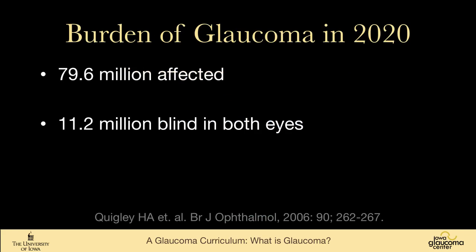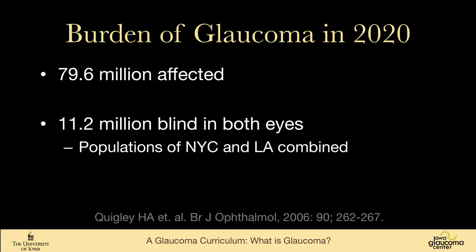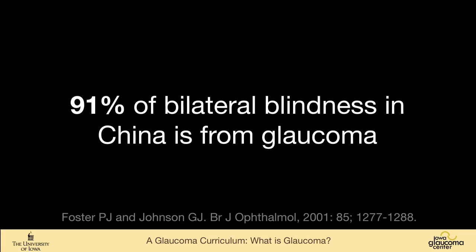Almost 80 million people will be affected by glaucoma in the year 2020, and 11 million blind in both eyes. It's not important to remember these numbers, I don't think, just giving you the sense of scale. So 11.2 million people is the population of New York and Los Angeles combined. So a lot of people blind from glaucoma.